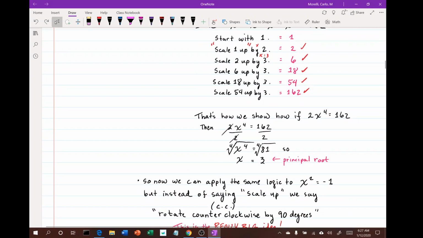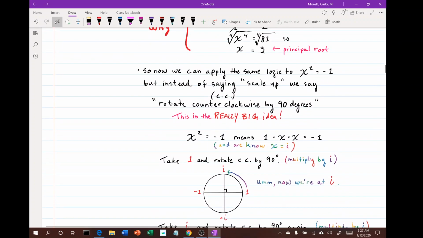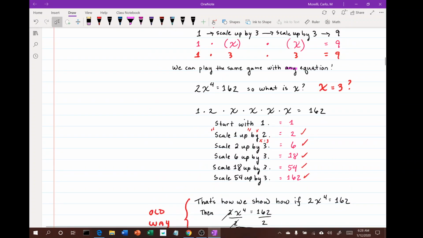So if we were showing it algebraically, this is how you would have done it. You wouldn't be thinking about the 1. This is the old way that you did it before. Okay? So hopefully you have a new understanding of how to read when you see something like 2x to the 4th equals 162.